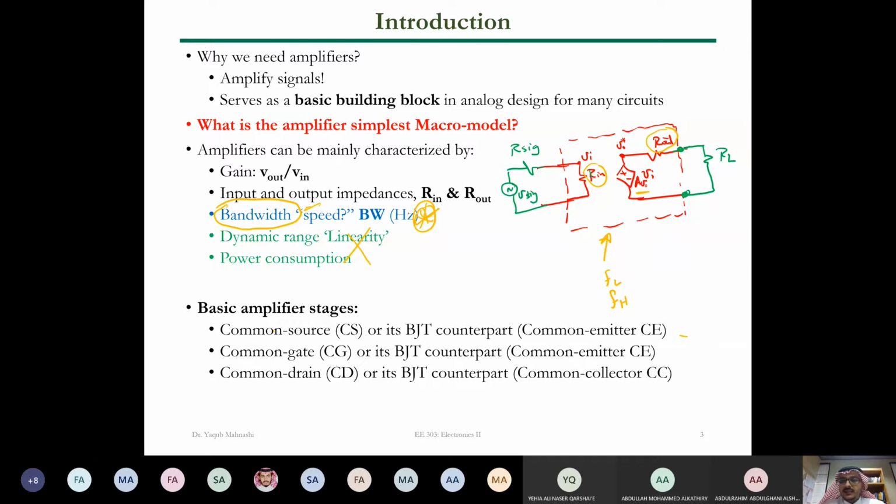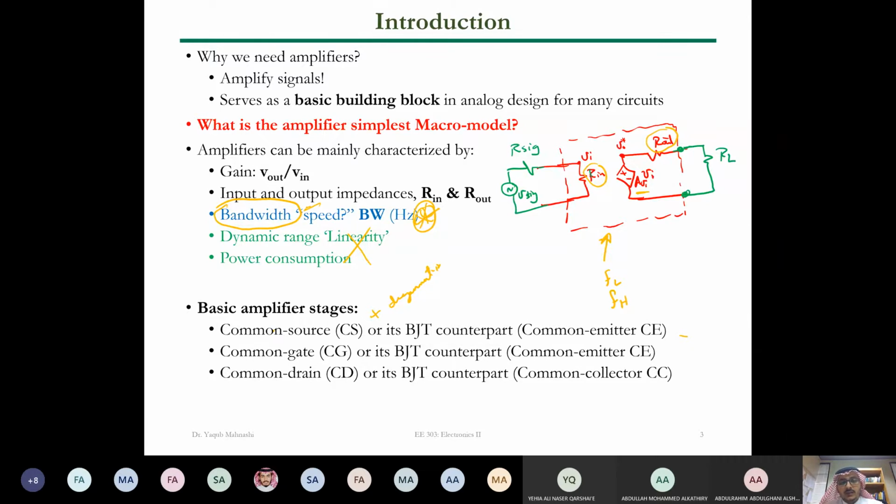Right. For the basic amplifier stages, we know we have 3 different basic stages. We have the common source, we have the common gate, and we have the common drain. And of course, we have also the degeneration with the common source. So you may apply a resistor to the source, and that's a common source plus a degeneration. And we know the gain of these configurations.